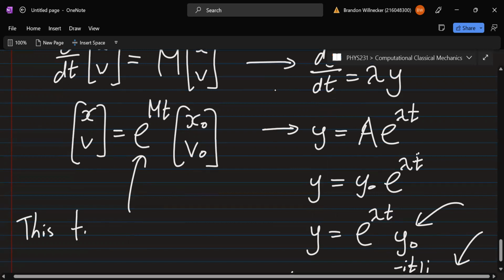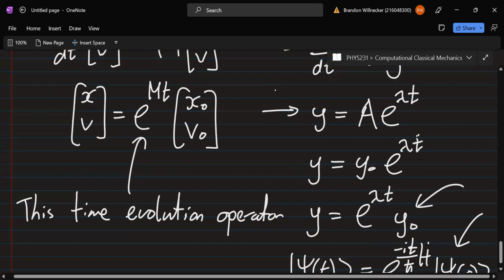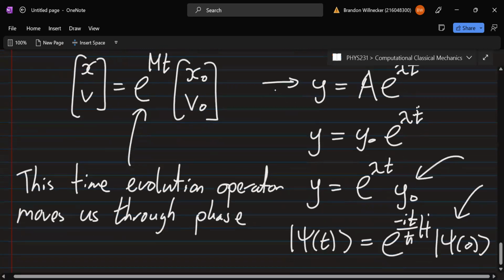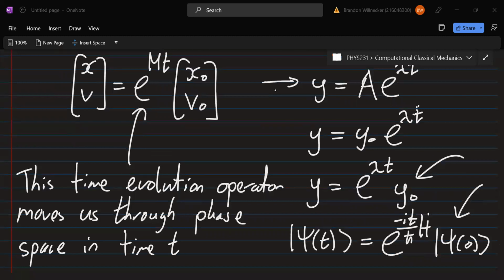So this time evolution operator moves us through phase space in time t. So if we increase t, we move to the next state.